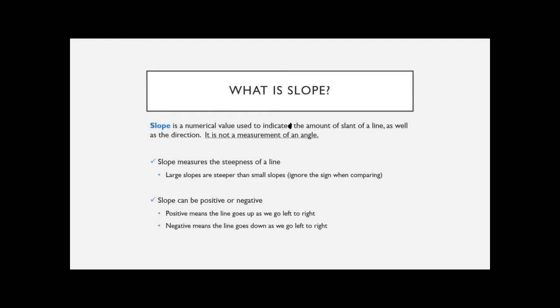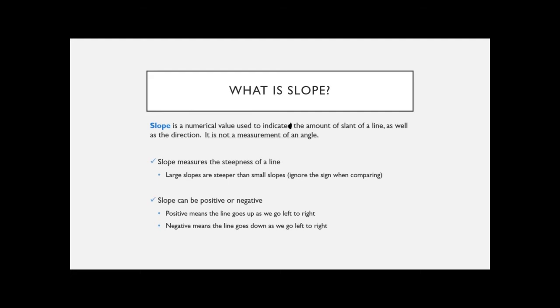It is not the same thing as angle. A lot of people get confused and think slope and angle are the same thing, and they're not. Slope is concerned with vertical and horizontal distance. An angle is concerned with the space in between your line and a horizontal.